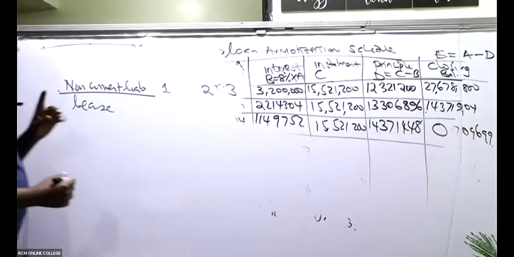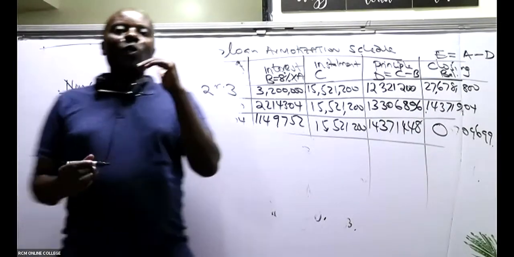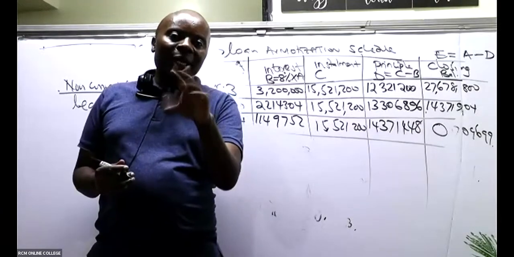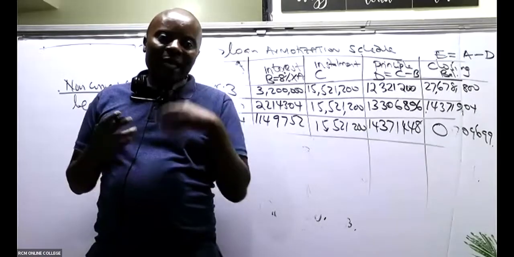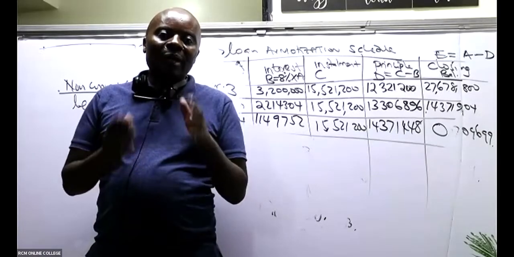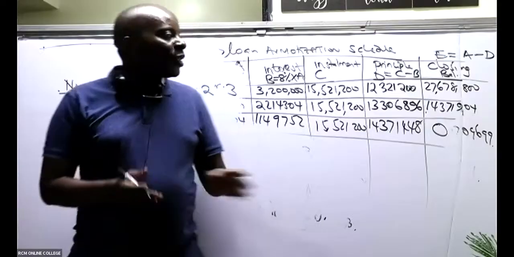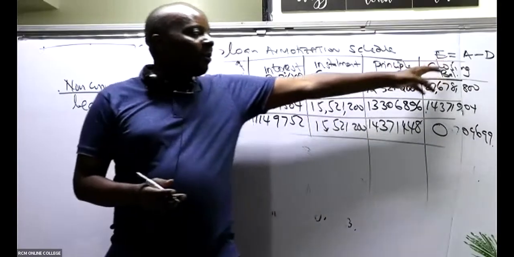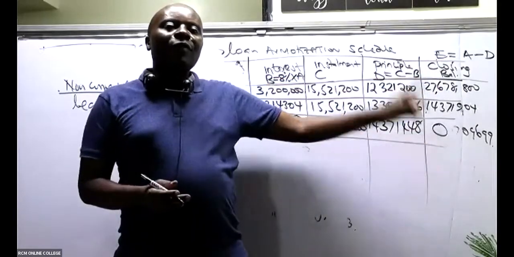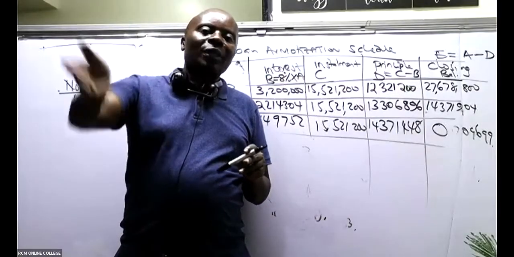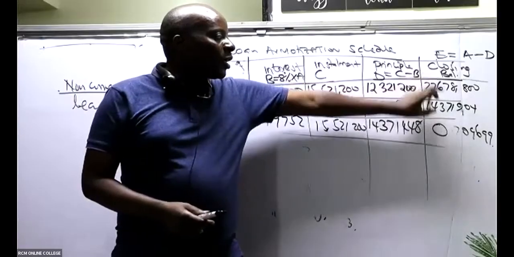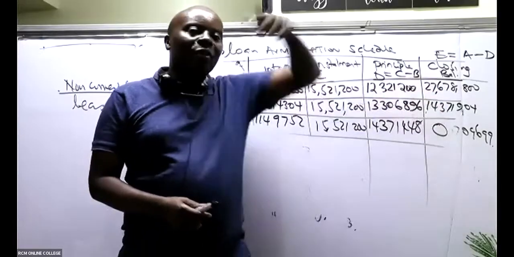Non-current means that we are going to take more than a year to pay. Any liability which spans more than a year is not current. Current is what will be paid within the year. So the first non-current liability is the one that is going to take us more than a year to pay. You see this one here, 14, second year and onwards.